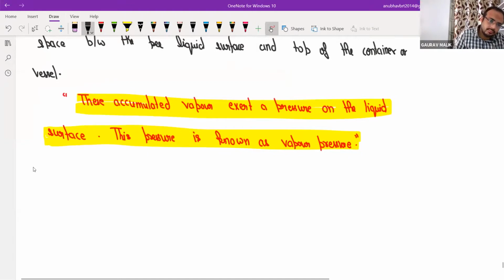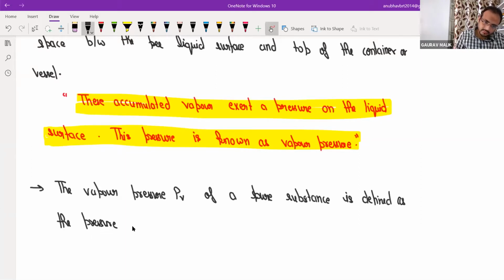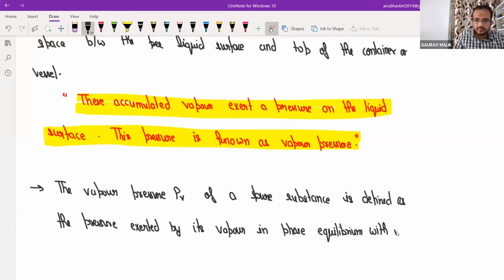Or you can write: the vapor pressure PV of a pure substance is defined as the pressure exerted by its vapor in phase equilibrium with its liquid at a given temperature.